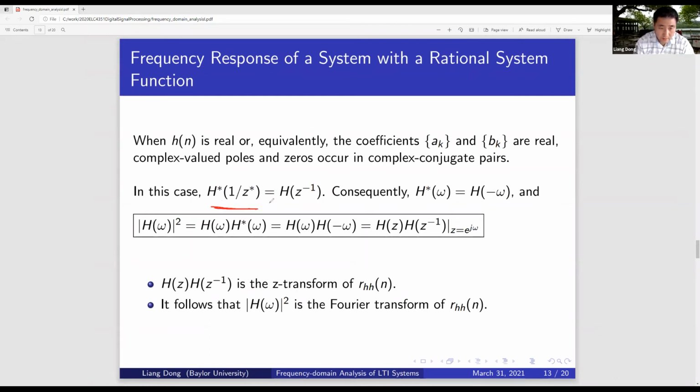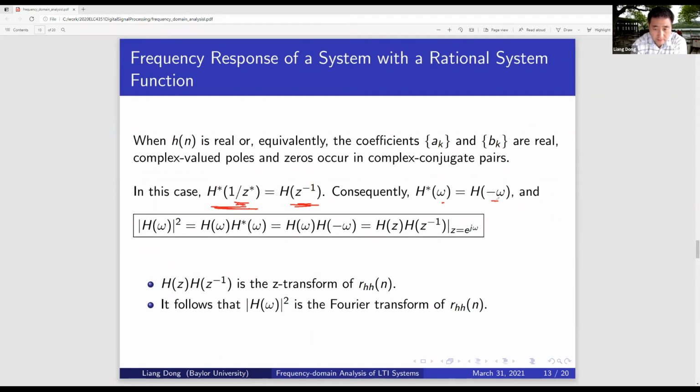This thing is equal to this complex, and then we can plug in this z conjugate, so z to the power negative 1, and that will be equal to H conjugate as a function of z conjugate to the power negative 1. Okay. And then consequently, if you plug in the frequency omega, this represents that.